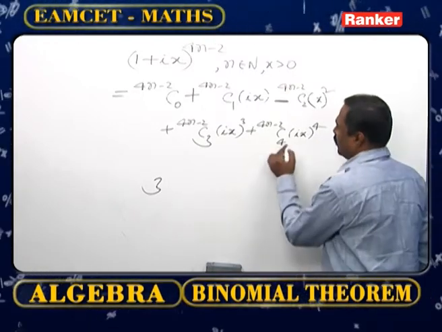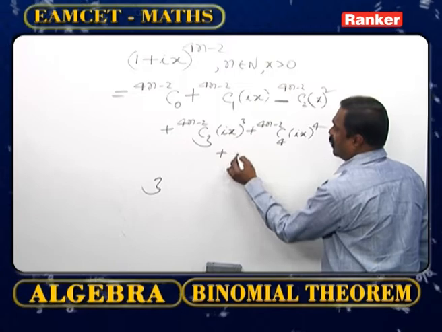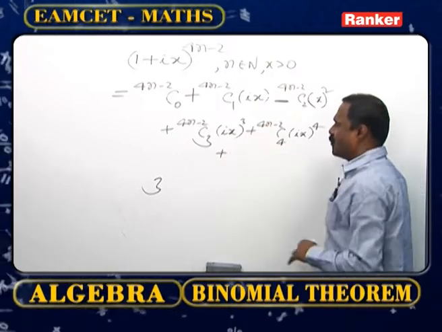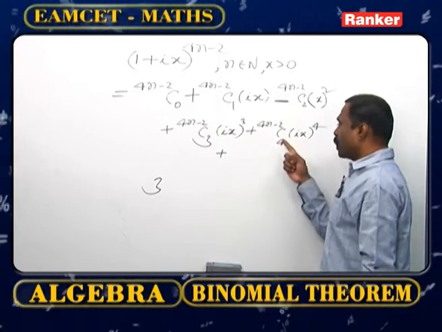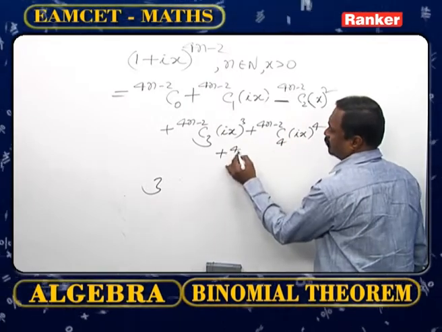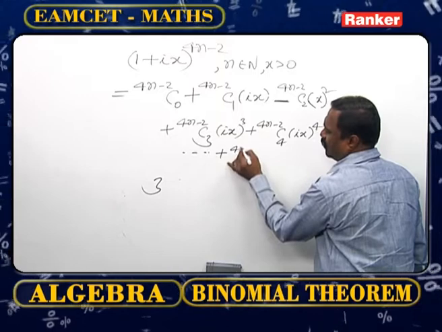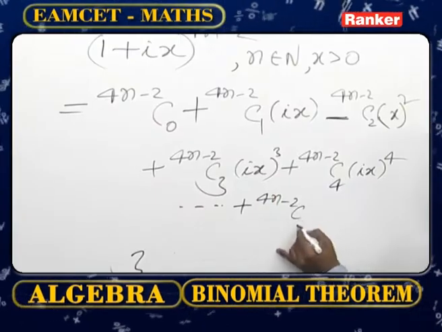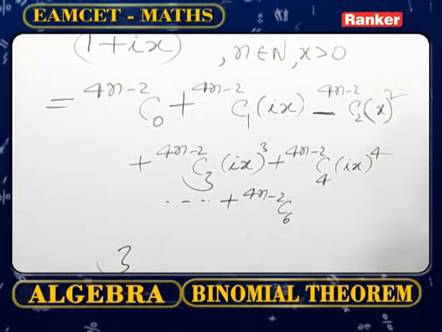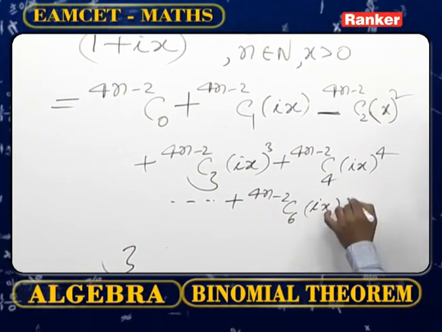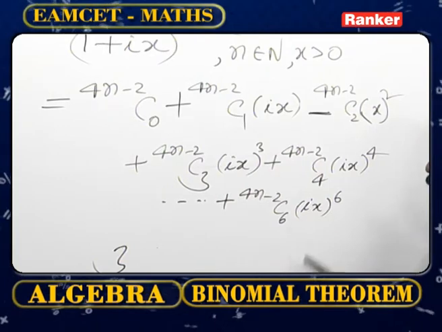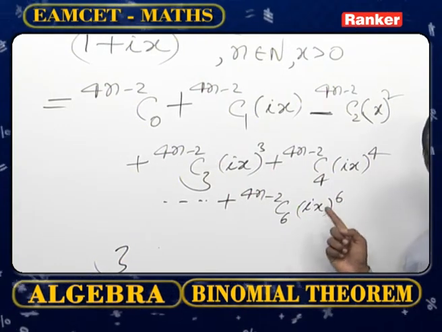So, which should be next negative term? Understand 4n minus 2 C5 will not be the negative term. 4n minus 2 C6 and so on. Whatever is required, I am writing that. C6 into Ix whole power 6. What is I power 6?